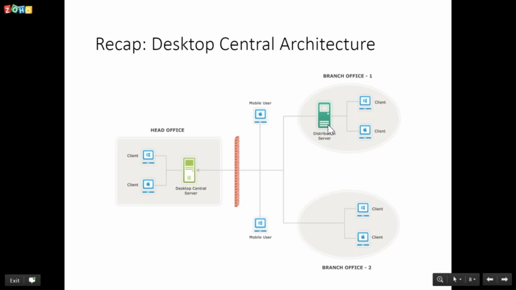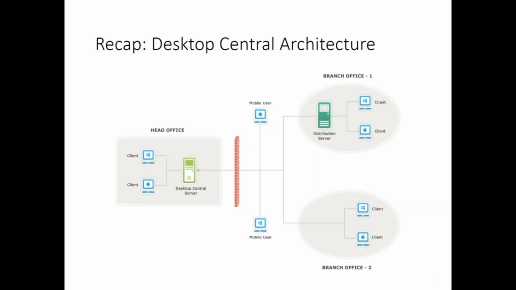When you deploy any application or task, the distribution server will communicate with the main server, take the task, and execute locally on that site. Or if you have only a few machines with direct communication, you can even manage them as direct office machines.